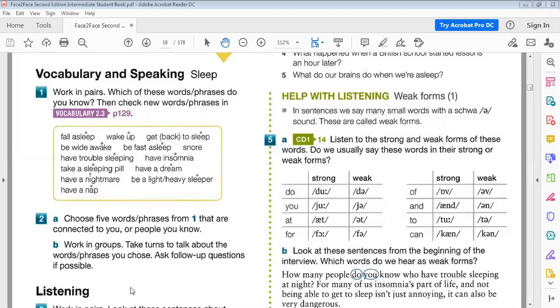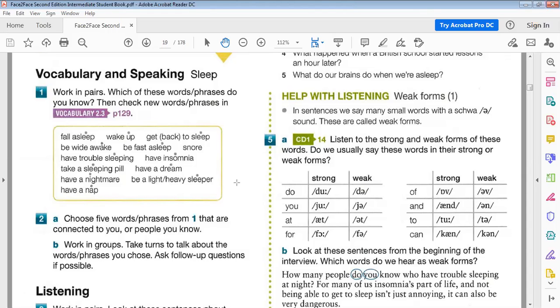Yes, when I wake up, I can get back to sleep. So it's easy for you to go back to sleep again. Yes. Okay. And I'm fast asleep. You're fast asleep very easily. Yes. Okay. So that's good. That's a good thing, I think.